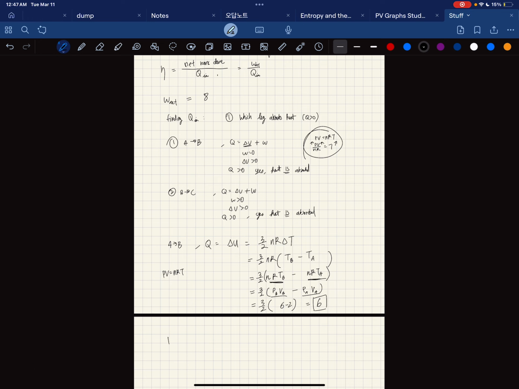Now for B to C, heat transfer is change in internal energy plus work done.